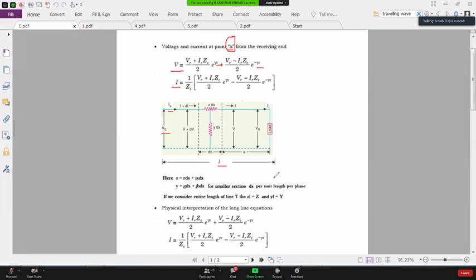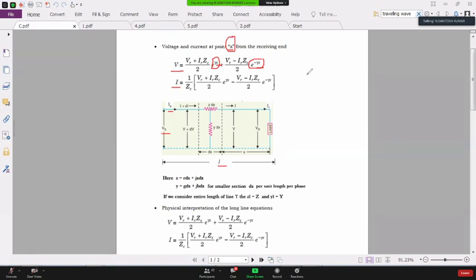Please try to understand the point here. In voltage, we have two terms. One is multiplied with a positive exponent, e power gamma L, and the second component is multiplied with minus gamma X. Based on this, we'll have the interpretation.